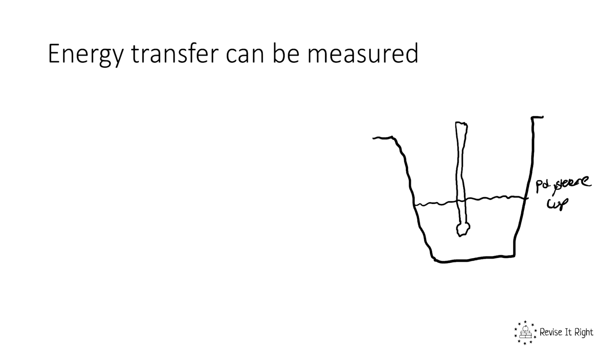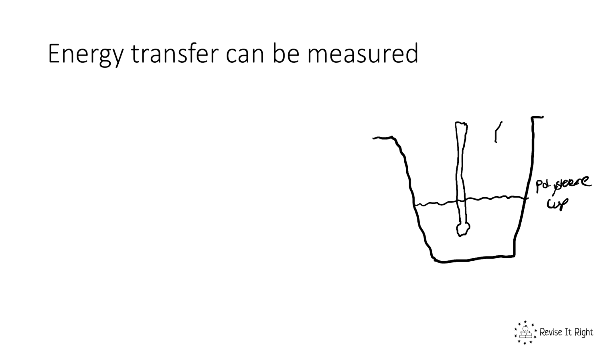Okay, we're then going to mix in what it is that we are reacting, and then take the temperature after. And that difference in temperature is going to show you whether it's an endothermic or an exothermic reaction. If the temperature has increased, it will be an exothermic reaction, whereas if the temperature has decreased, it will be an endothermic reaction.